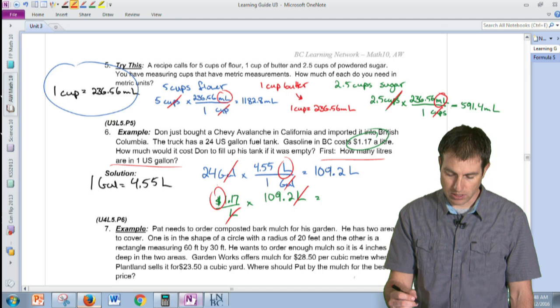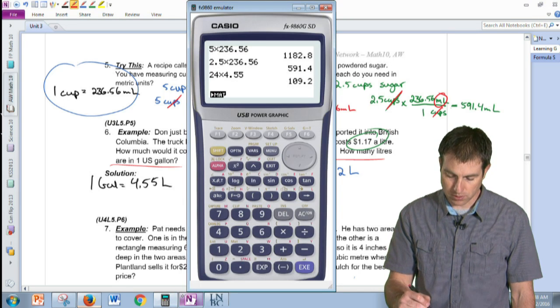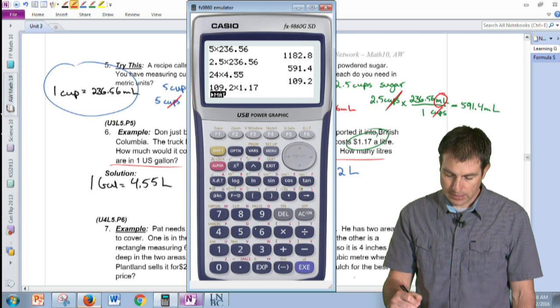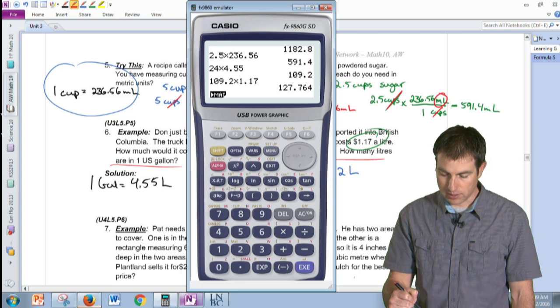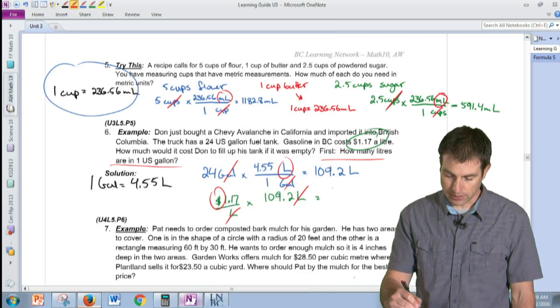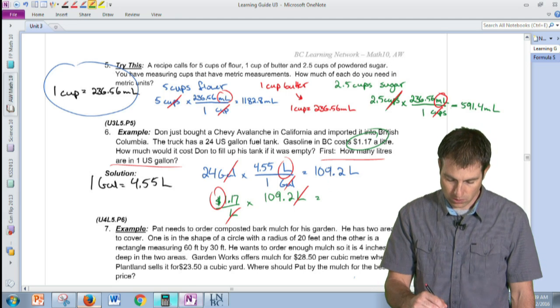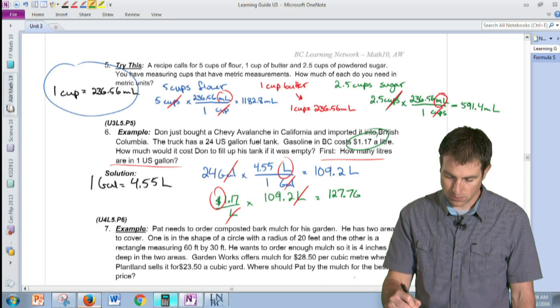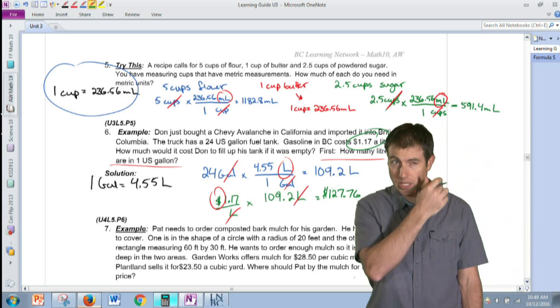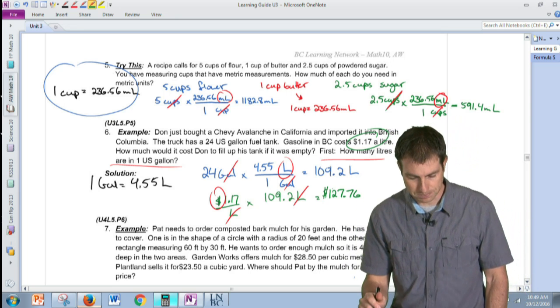So 1.17 times 109.2 is going to tell me how much it costs. I end up with $127.76. And put my dollar sign there because I need to make sure I include units in my calculation.